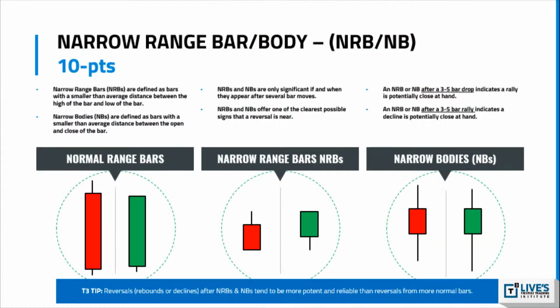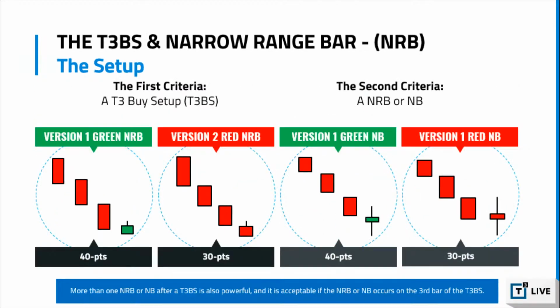Okay, so that was the second amplifier. The third amplifier is the narrow range or narrow body bar. So basically, if we get a buy setup followed by a narrow range or a narrow body. Narrow body means the range of the bar from high to low is normal range, but the size of the bar, the body of the bar, is very narrow.